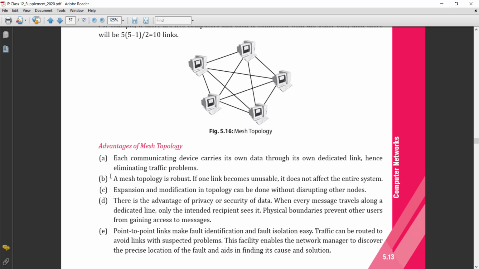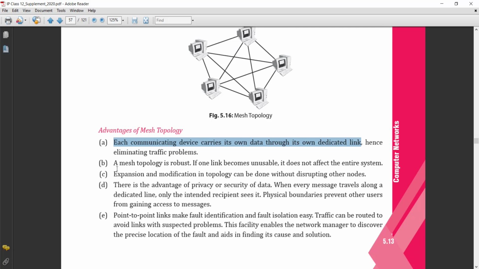What are its advantages? Each communication device carries its own data through its own dedicated links. So there is a point-to-point connection. A mesh topology is robust. If one link becomes unusable, it does not affect the entire system.